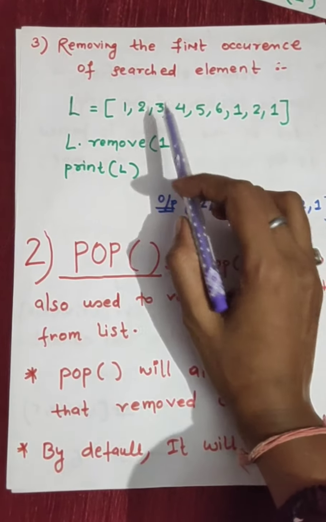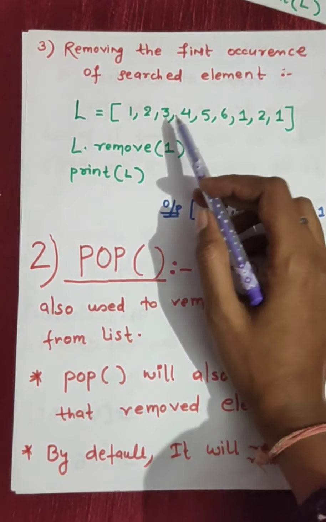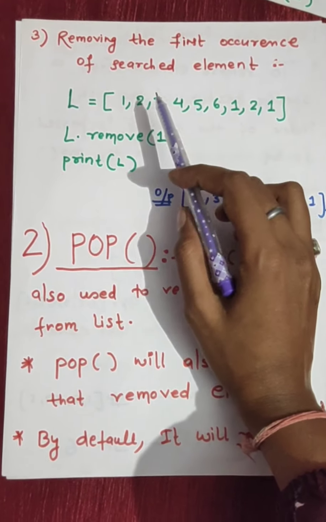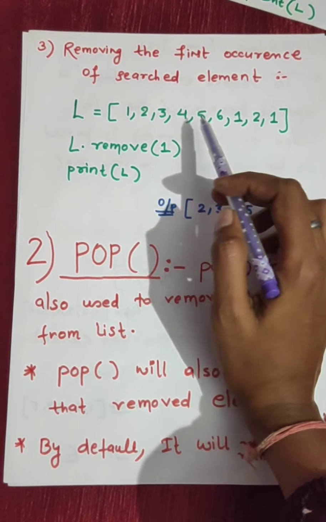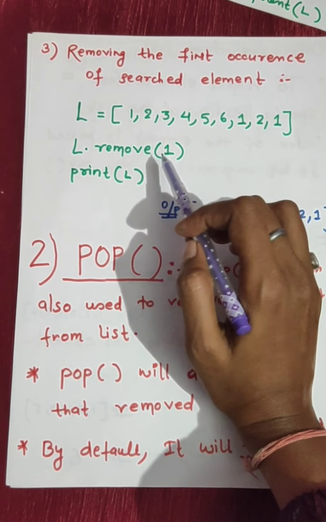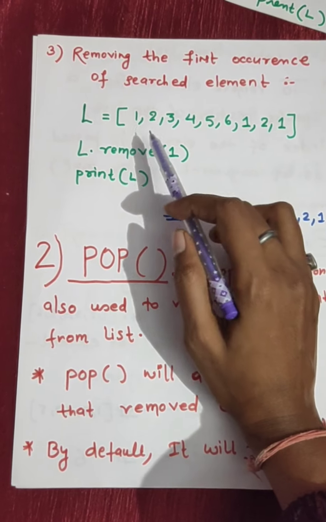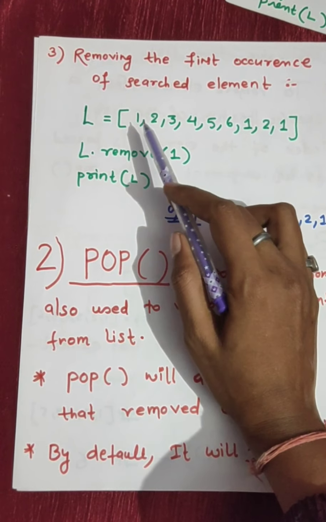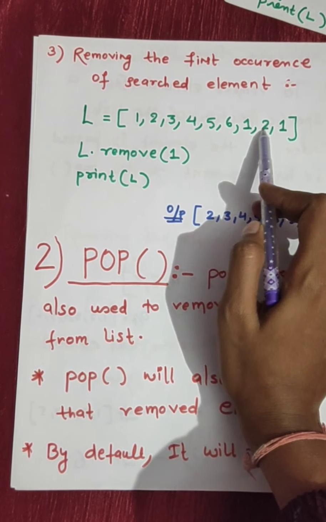The third is removing the first occurrence of the search element. If you use the remove function on a list which has duplicate values, what will happen? This remove function will only remove the first occurrence of the search element from that list. Here 1 is there, 2 3 4 5 6 and 1 2 1.